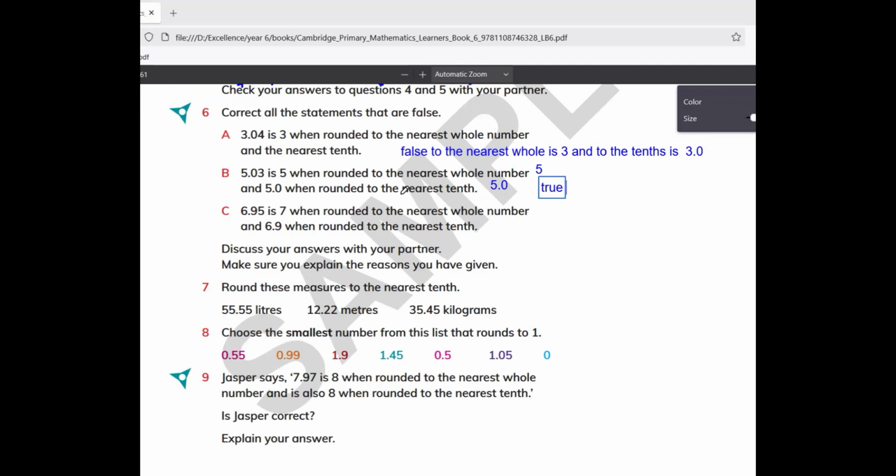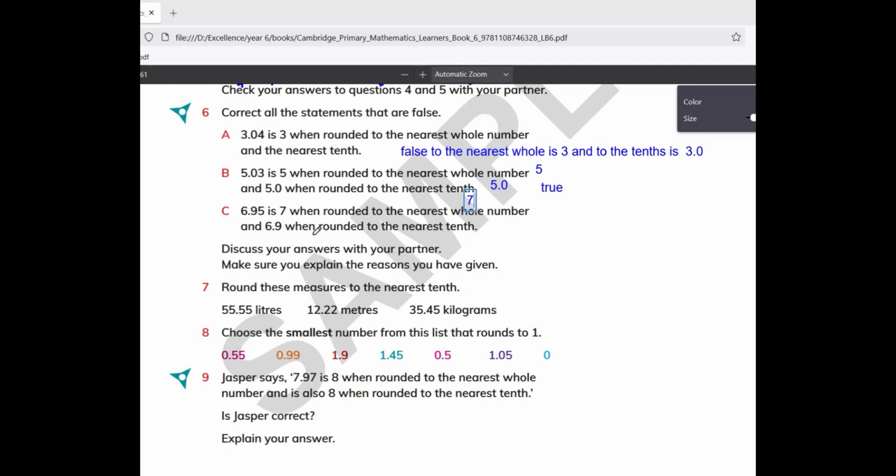They say, as number C, 6.95 is 7 when we round it to the nearest whole number, and 6.9 when we round it to the nearest tenth. Let's see, to the nearest whole number, it's going to be 7, because after 6 there is 9, so we add 1 to the 6.